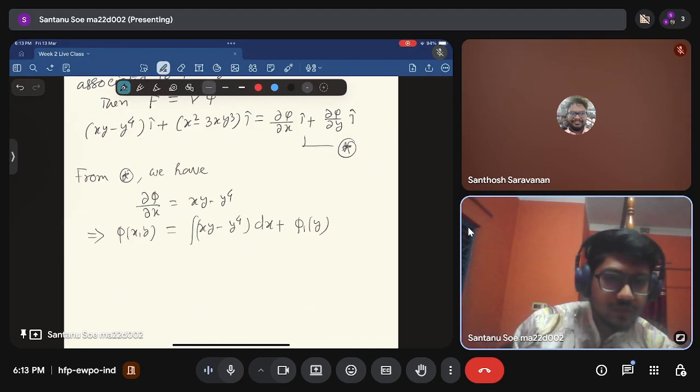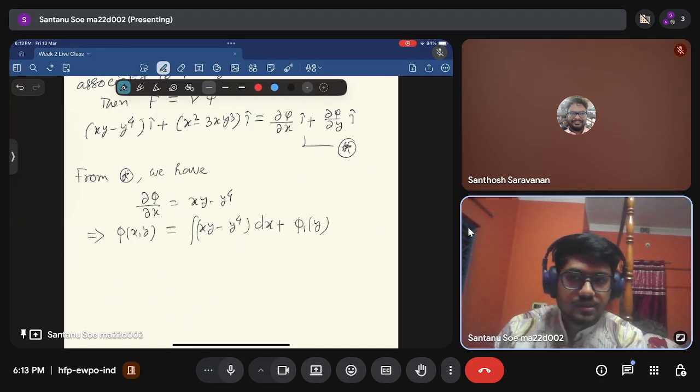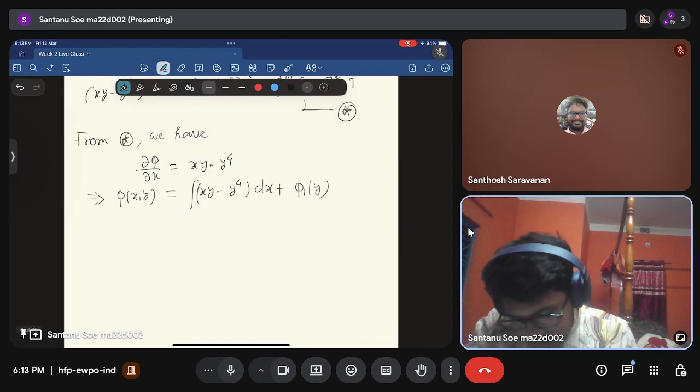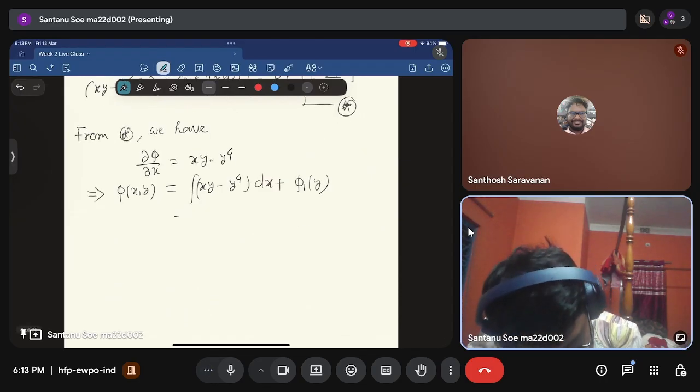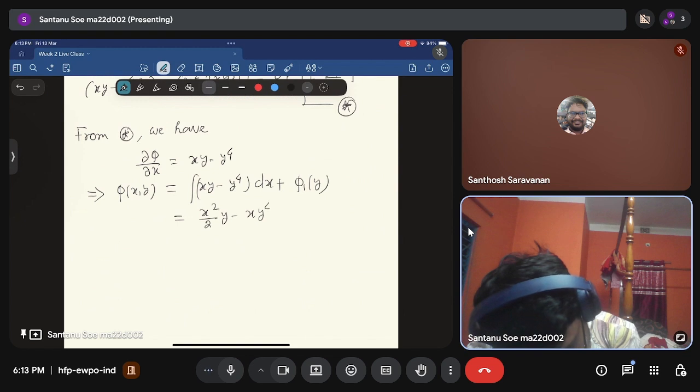If there were three variables x, y, and z, then this phi 1 would be phi 1 of y comma z. So this is just x square by 2 y minus xy to the power 4 plus phi 1 of y.